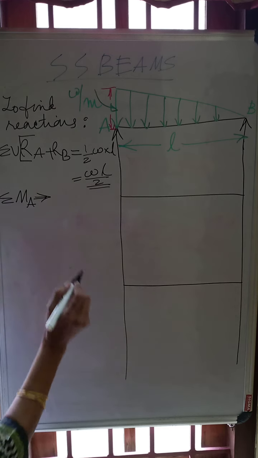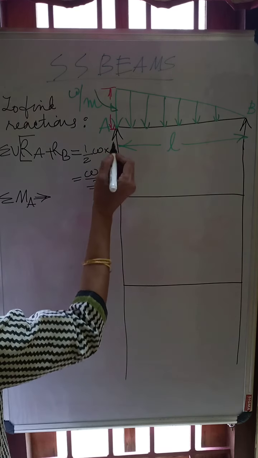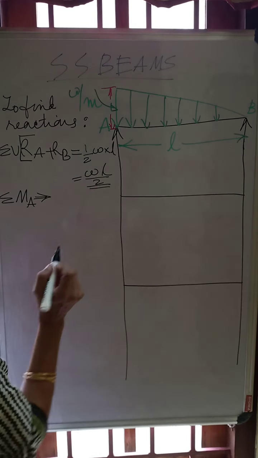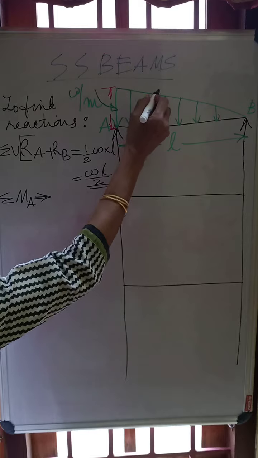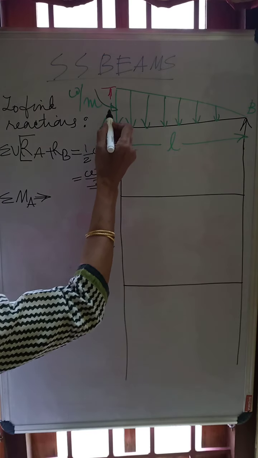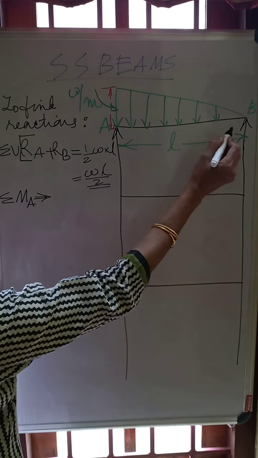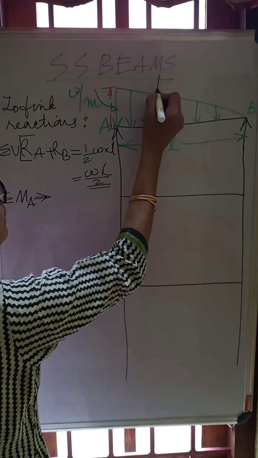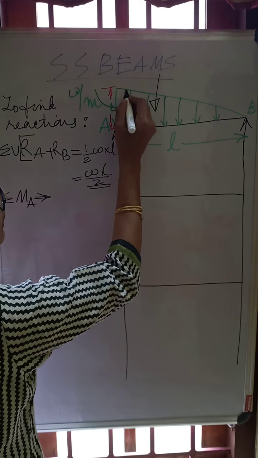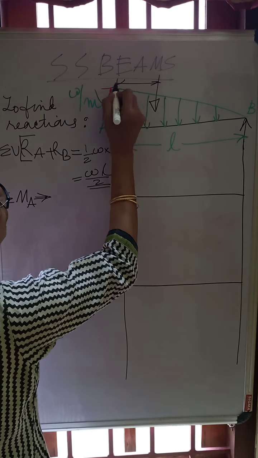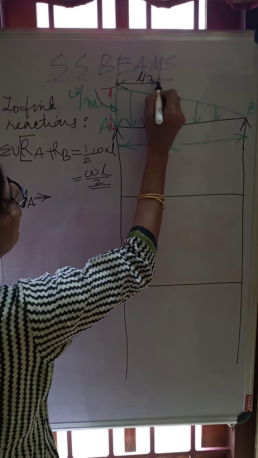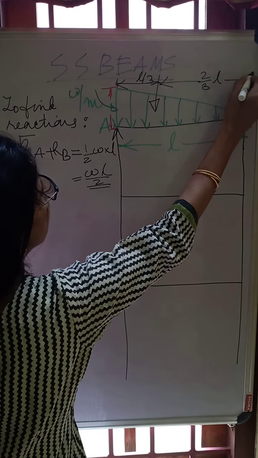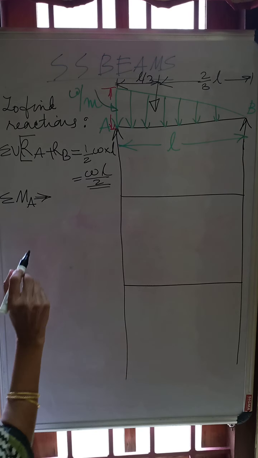Okay. Now you are going to take moment about A. If you take moment about A, you are going to take the moment of this particular load as well as RB. This is coming as clockwise moment. Where is this total load acting? In case of a triangular loading, you know that the whole load will be acting at 1/3 distance from the base, so this will be L by 3 and this distance will be 2 by 3 L. This is the center of gravity of a triangle.